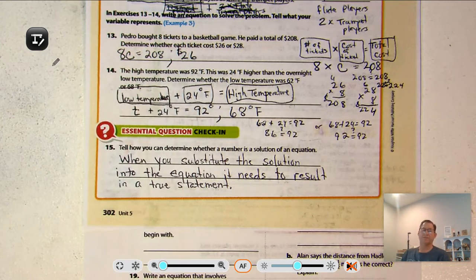Right, well, basically, if we substitute the value of the solution into the equation, it needs to result in a true statement.